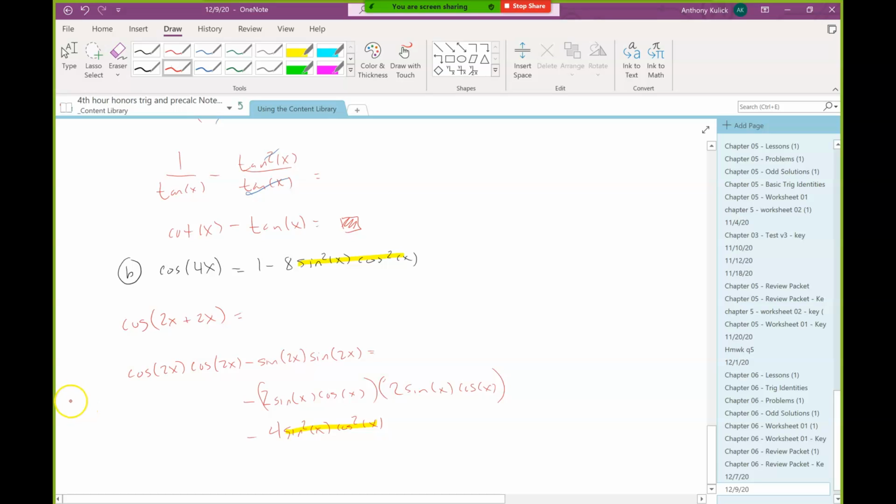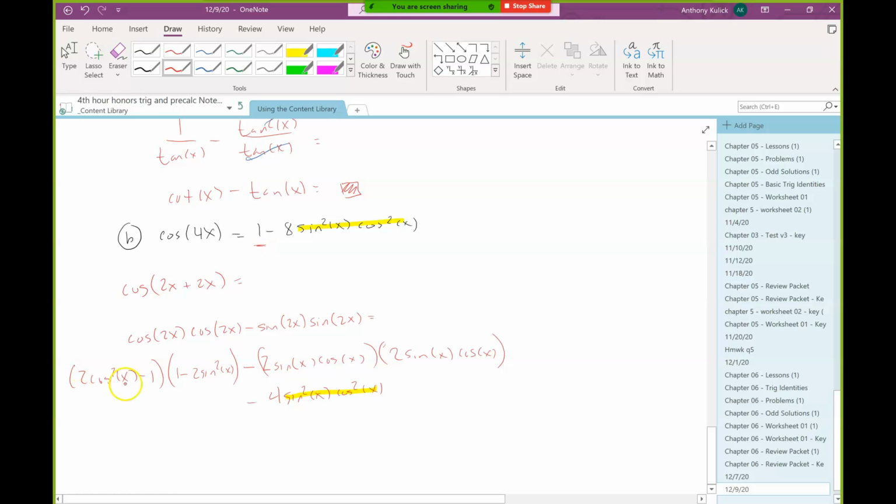I'm going to do 2 cosine squared x minus 1, and then 1 minus 2 sine squared x. And I'm doing that because in my final answer, I need a sine squared and a cosine squared multiplied together, as well as the 1. So I know I need a 1 in each of these 2.